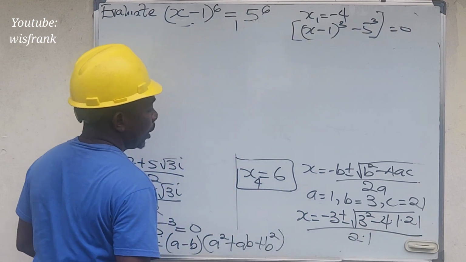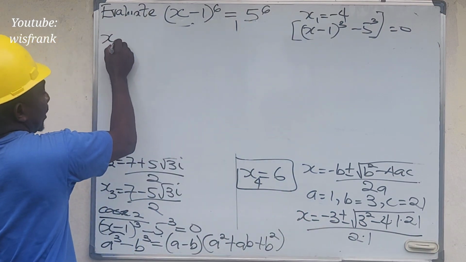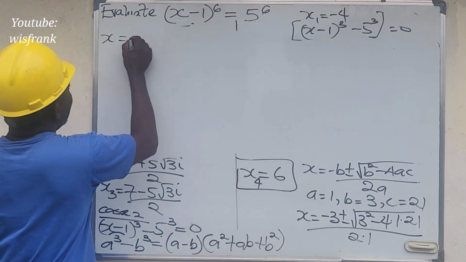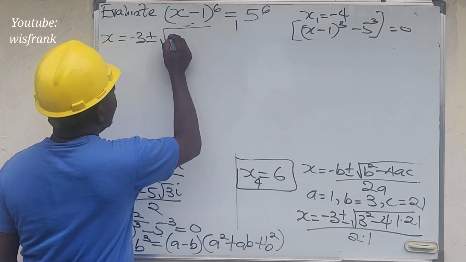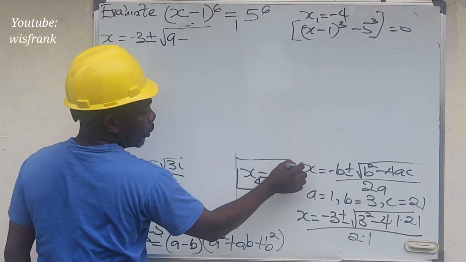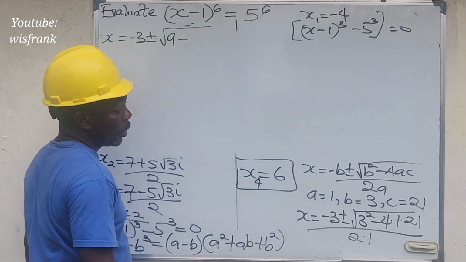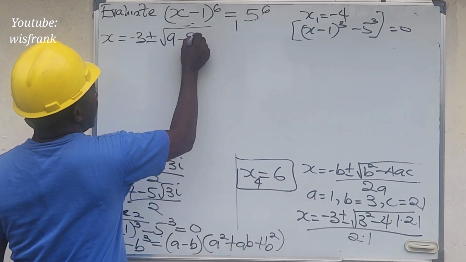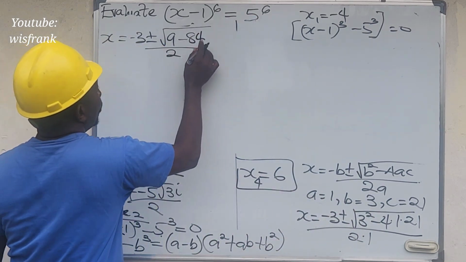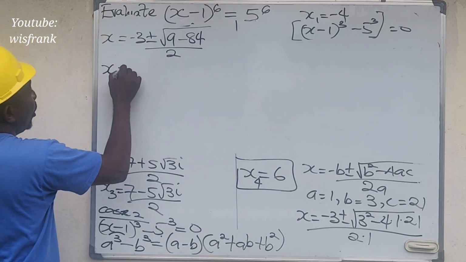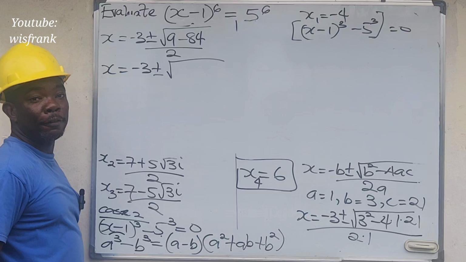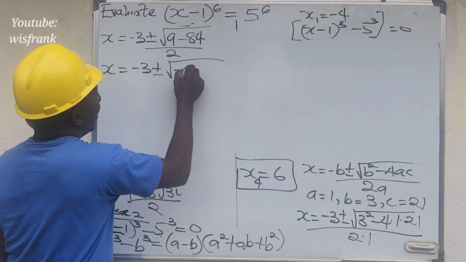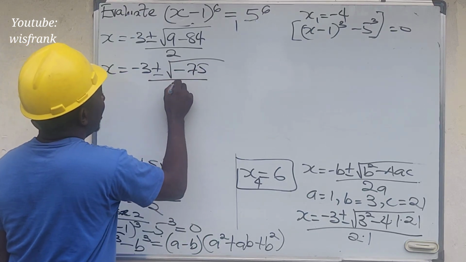We have x equals minus 3 plus or minus square root of 3 to the power of 2, which is 9, minus 4 times 1 times 21, which gives us 84, all over 2. So we have x equals minus 3 plus or minus square root of 9 minus 84, which gives us minus 75, all over 2.